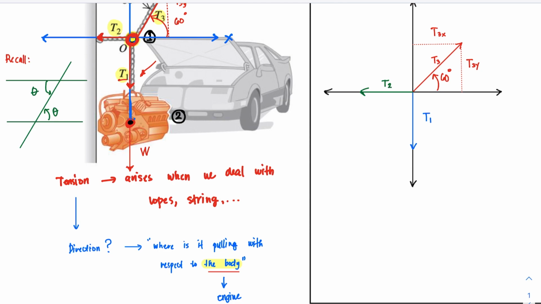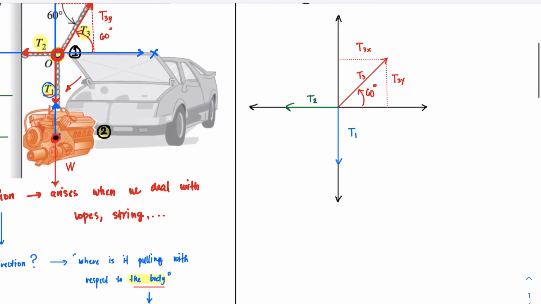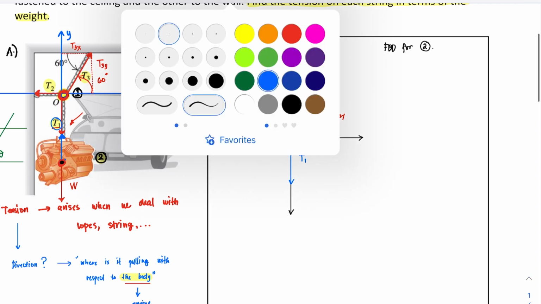So I'm hoping this is clear. It is being pulled upward by still the same force T1. Did you get why it is upward? So again, when getting the direction, where is it pulling? In Bisaya, where is T1 pulling your engine? In this case of your body 2, or with respect to your body 2, your engine is actually being pulled upward. So that is why the direction of your T1 for body 2 is this.